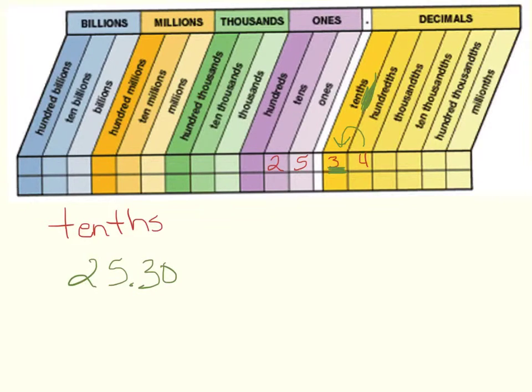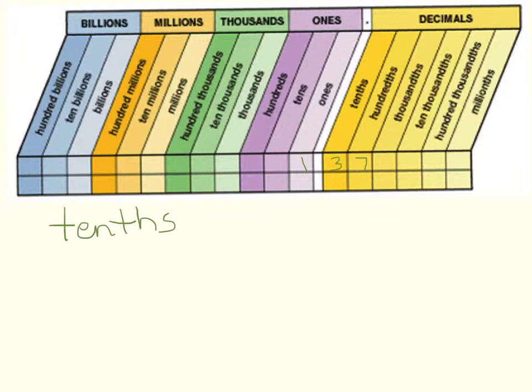What if you had, let's get a new one, 1 and 37 hundredths. And I want to round it to the nearest tenths. What would I do?